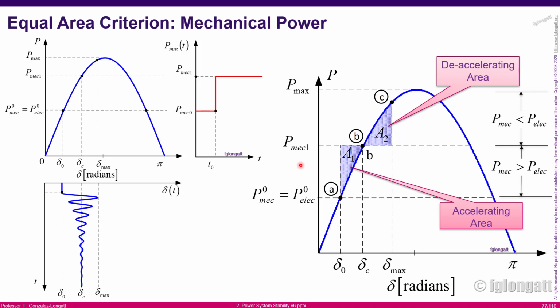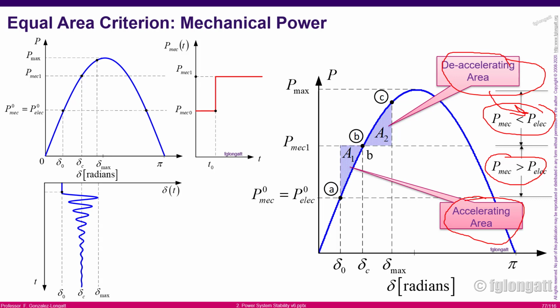Then the machine will oscillate around B, between C and A, and try to reach the new steady state point, which is the point B. What I need you to understand clearly is that we have an accelerating area because mechanical power is larger than electrical, and a decelerating area because mechanical is less than electrical.